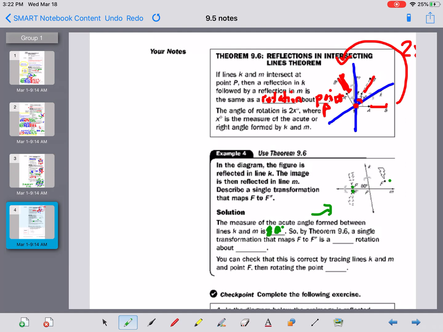When I go to find my single transformation, I'm going to do twice that 80 degrees. And of course, this is a rotation around point P, because P is where my two lines intersect. So my final answer is a 160-degree rotation about point P.